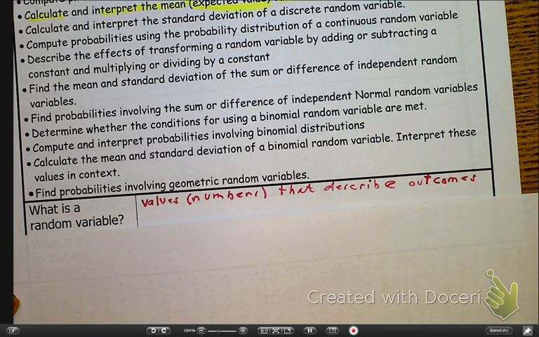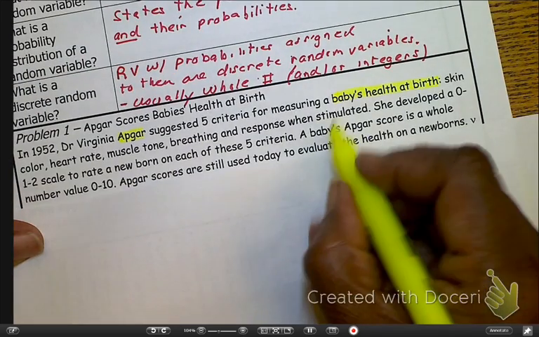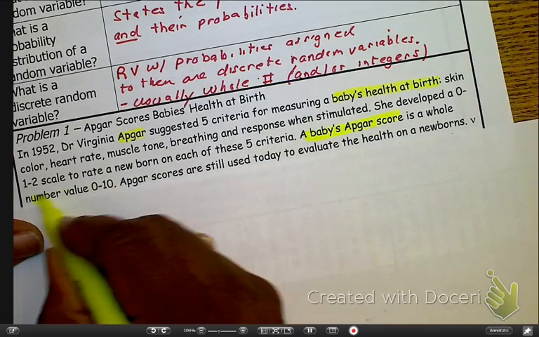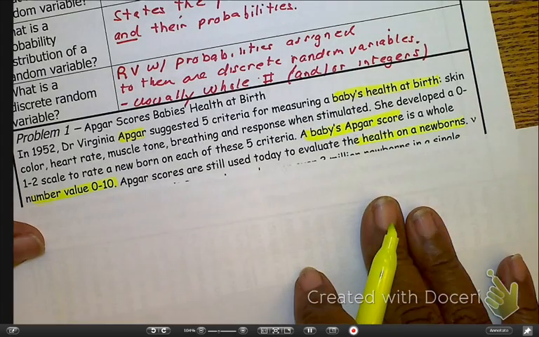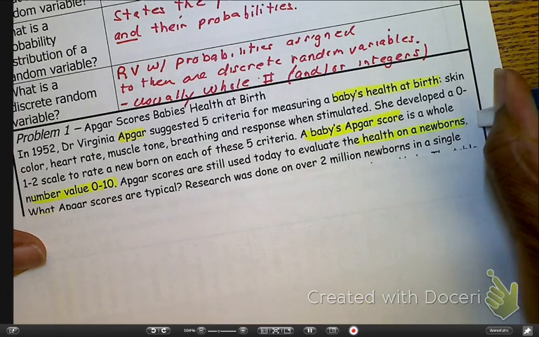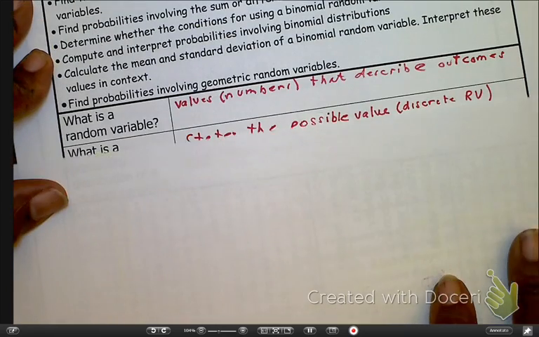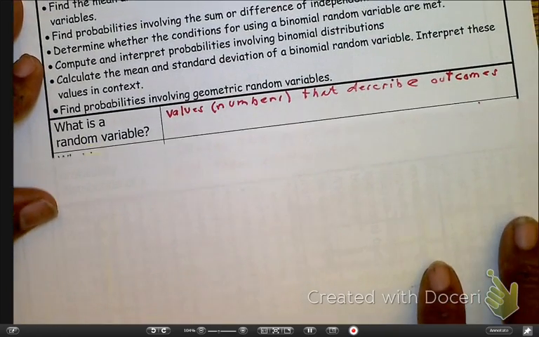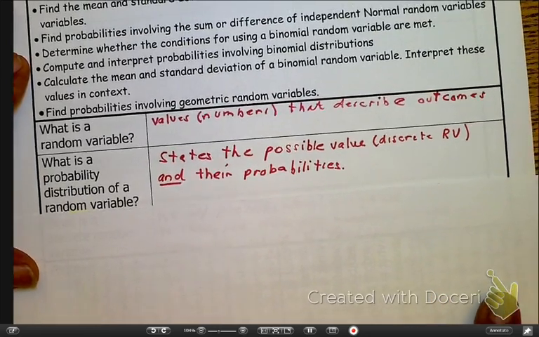Now you also read that the Apgar uses whole numbers between 0 and 10, and we use this to evaluate the health of a newborn. So, these are just numbers. And now, since we're talking about statistics, these numbers have a specific name. They're random variables. But as we continue, random variables are given on a probability distribution.